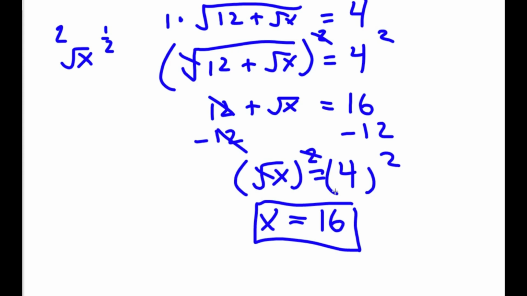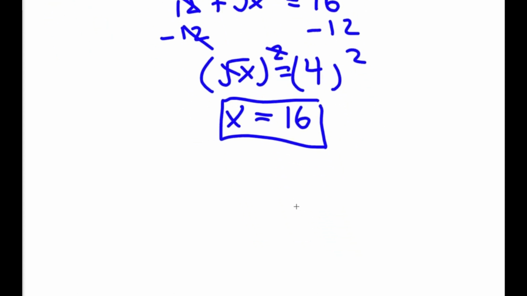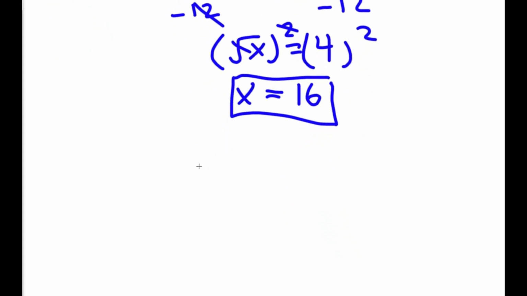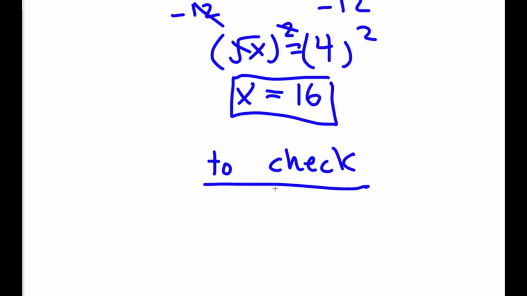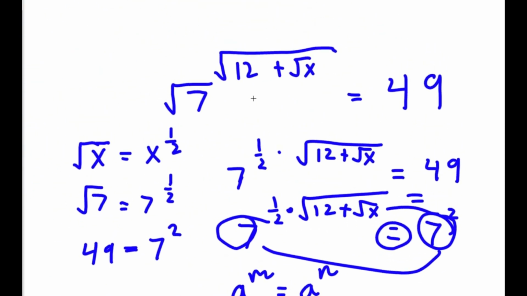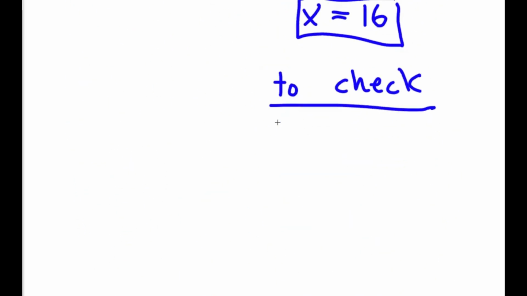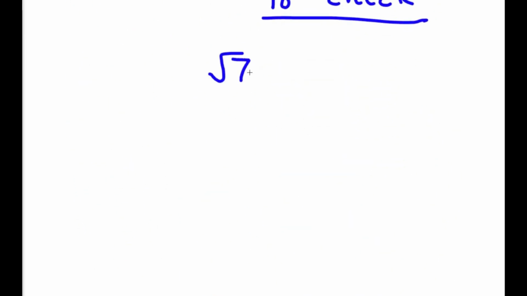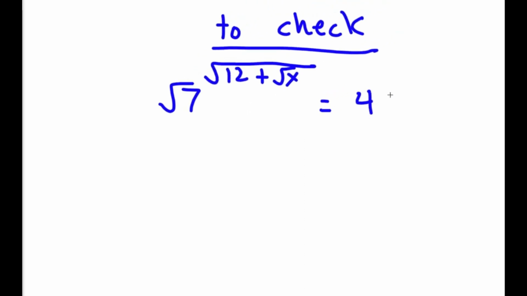Okay, so now that we have our value for x, let's go ahead and plug it into our original equation and see if it's right. So to check, we can go up. Our original equation is the square root of 7 to the power of the square root of 12 plus the square root of x is equal to 49.